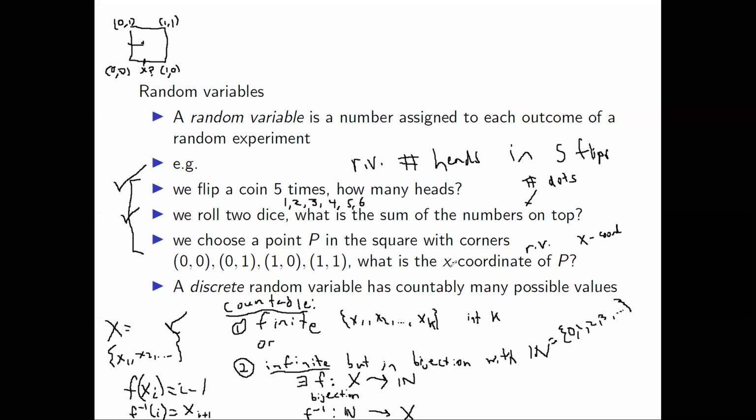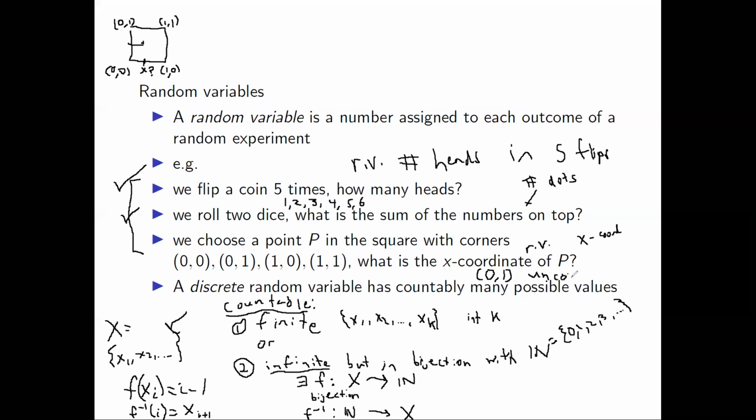This last one, the x-coordinate of p, this x-coordinate can take any value in the interval from 0 to 1. If we assume that the point is in the interior of the square, then we can make that an open interval, so it doesn't include the 0 or 1. And this interval is uncountable.